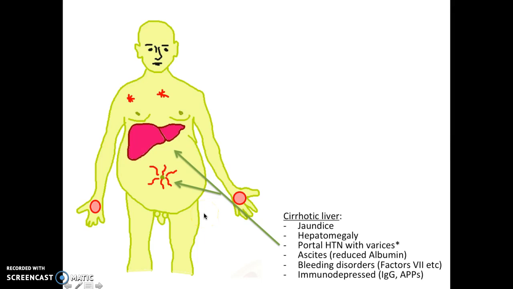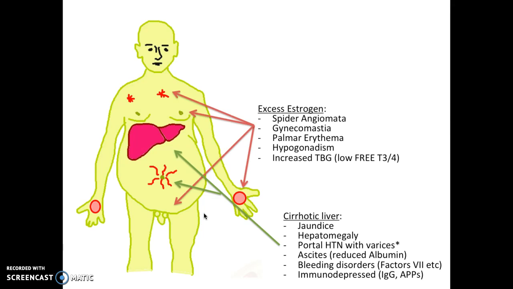Conversely, these people can lose the clotting factors, the coagulation factors, so they can have bleeding disorders, or they can lose immunoglobulins and acute phase proteins, so they can be immunosuppressed. Now, people can also get excess estrogen, and so I like to say red estrogen because spider angiomata, these little red blood vessels, appear all over the place, especially on the chest, and they get these red palms because of palmar erythema.